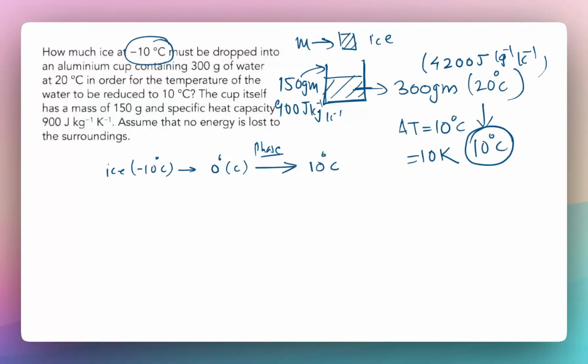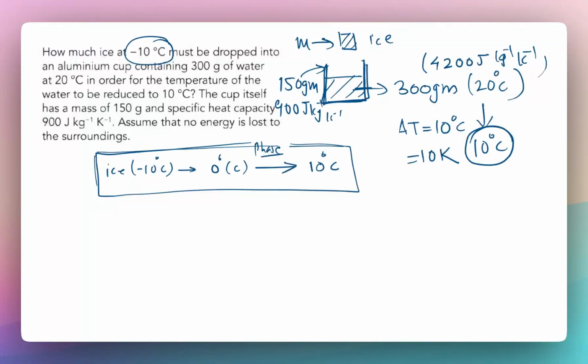So the energy required for this ice to be consumed has to be provided by somebody else. That energy is going to come from the calorimeter, or this aluminum cup, plus the water which is inside, which will lose that much energy.